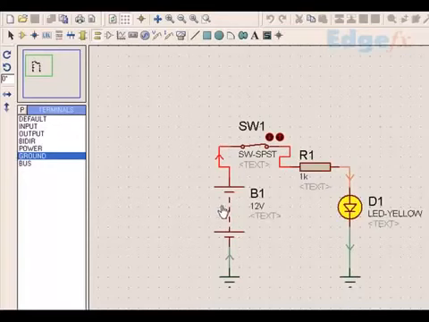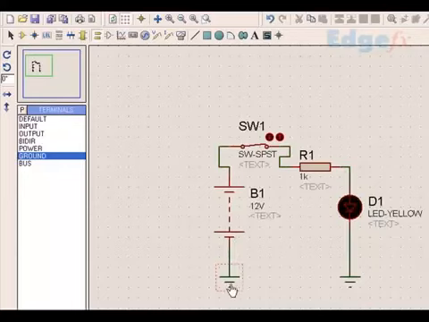And don't be under the impression that this current will flow to the ground. There is nothing like ground in electronic circuits. It is only a word used in place of battery negative or DC negative. For example, if we delete this ground and I give power, it doesn't glow because the path is not complete.